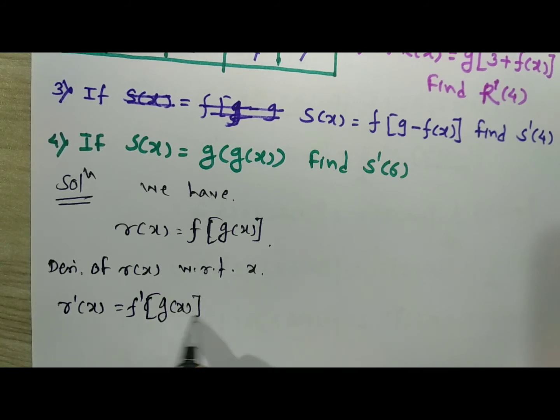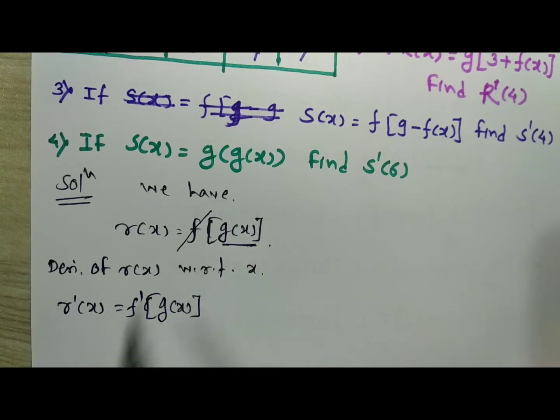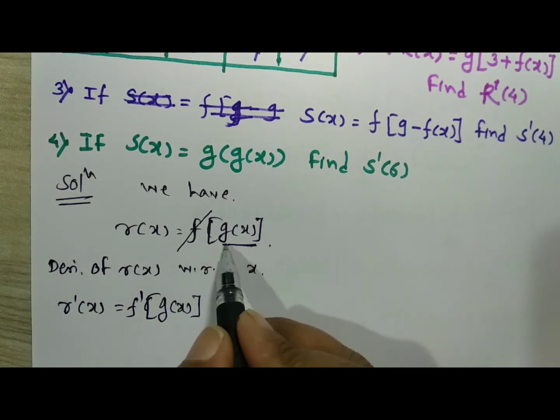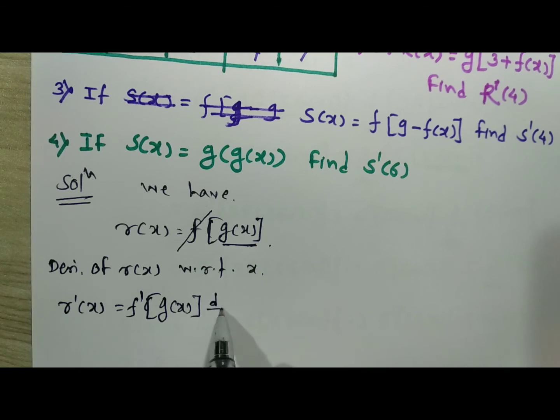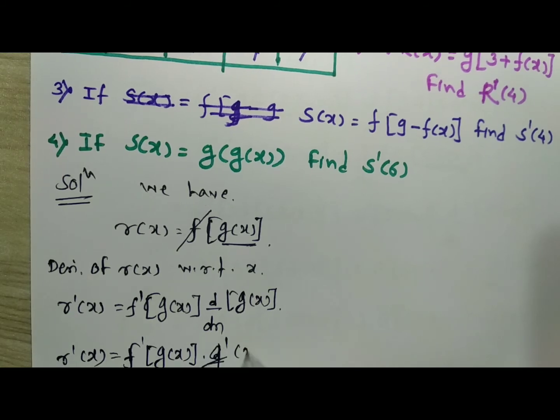Then you go with the derivative of the inside, which is d dx of g of x, and therefore r dash x is equal to f dash g of x into g dash of x.